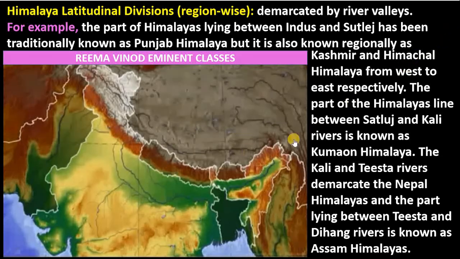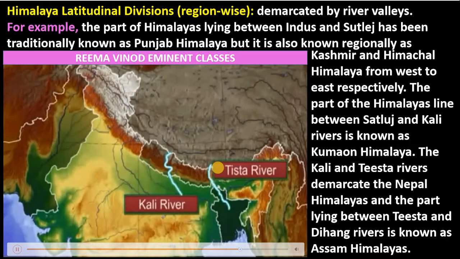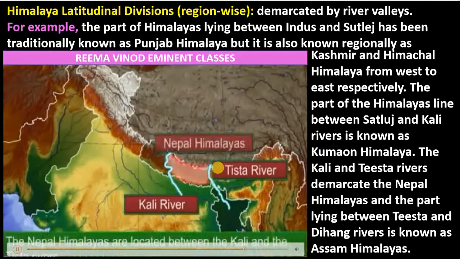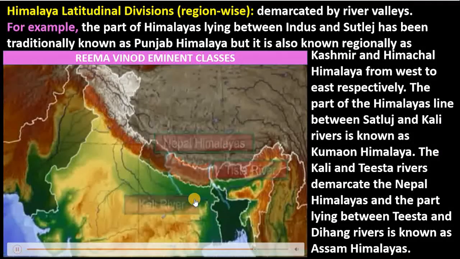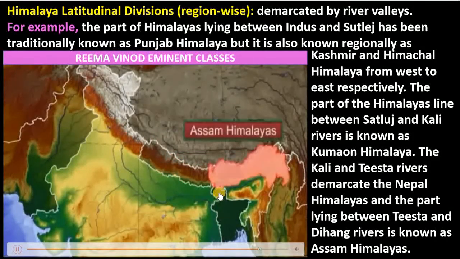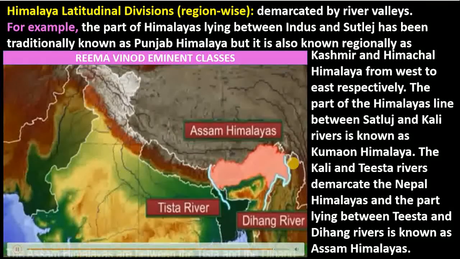Now the next mountain is the Nepal Himalaya. Between the Kali river and the Tista river comes the Nepal Himalaya. Assam Himalaya comes between the Tista river and the Dihang river.